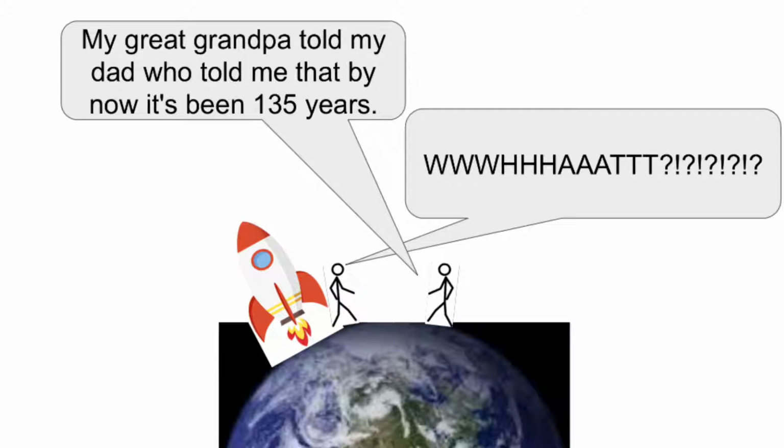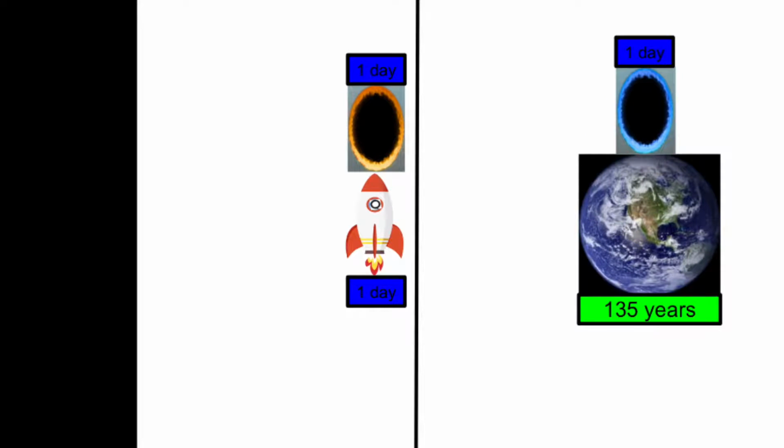The bad thing is, once you got to the future, you can't come back, unless you created a portal. If you found a way to make a wormhole and took one end with you on the rocket near the black hole, then you would have a way to get back to the past. This is because the portals will both move through time at the same relative speed, so the 1 day for your end of the portal will be 1 day for the other.